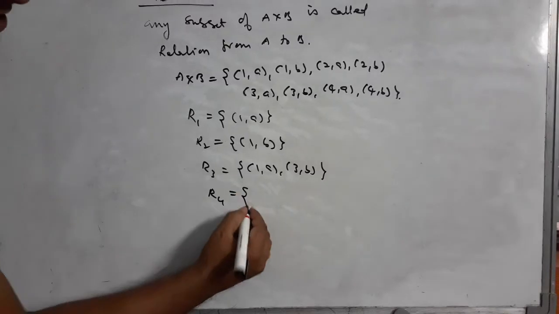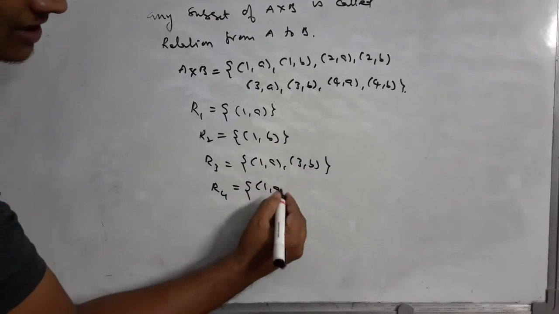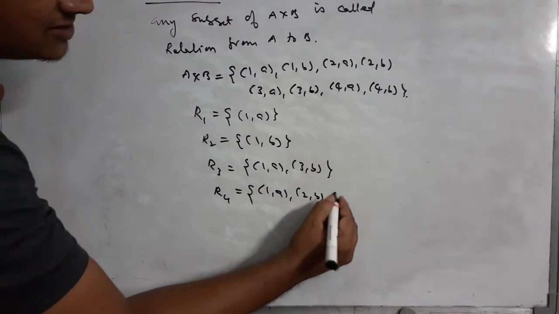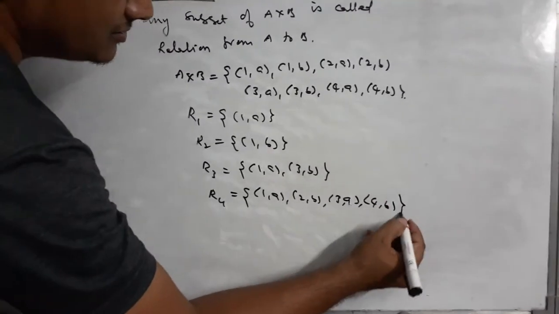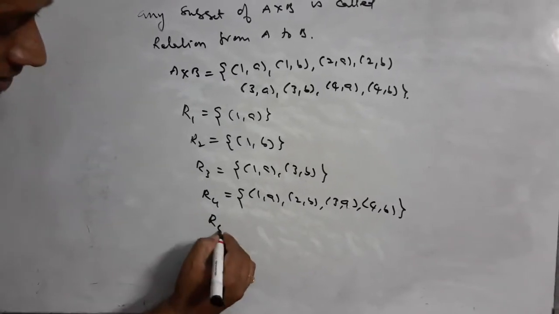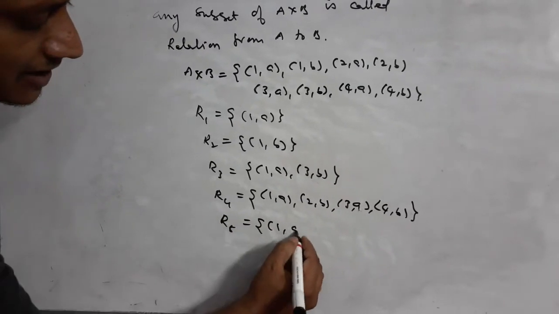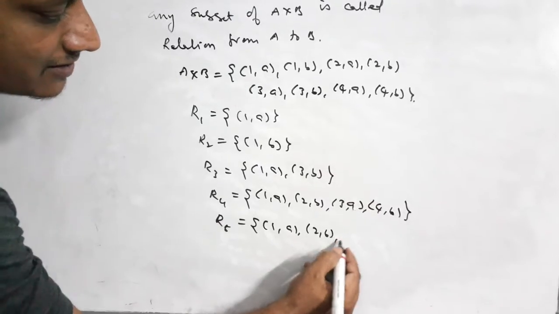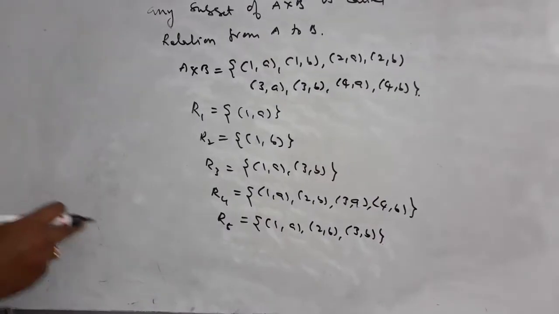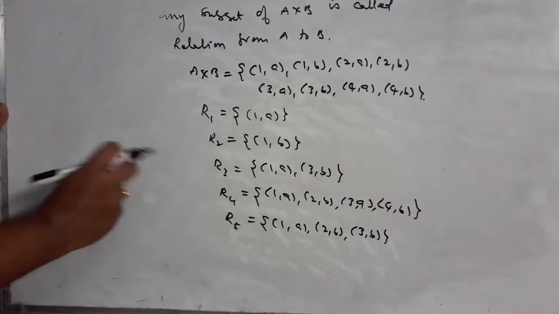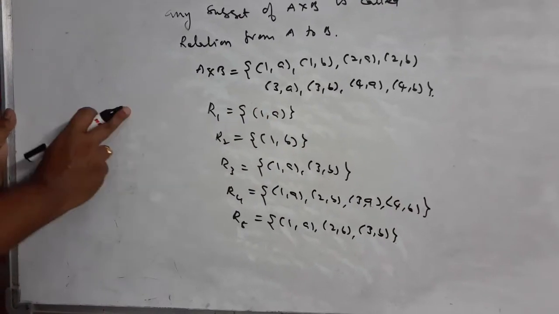R4: now I am taking any subset, {(1, a), (2, b), (3, b), (4, a), (4, b)}. Now it is also a relation from A to B. R5: {(1, a), (2, b), (3, b)}. It is a relation from A to B. So what is the mapping representation?